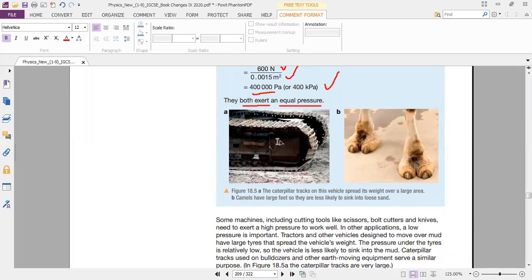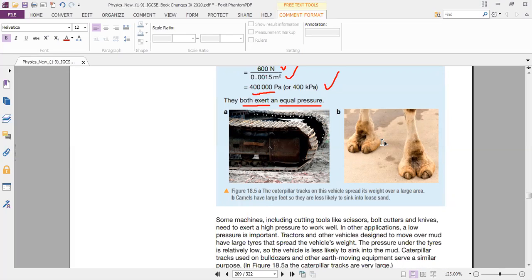This is a caterpillar track, and these are the large feet of a camel. They do not sink. The caterpillar track does not sink into muddy ground or soft ground, and the camel does not sink in desert because they have greater area under the caterpillar track and under the camel's feet.